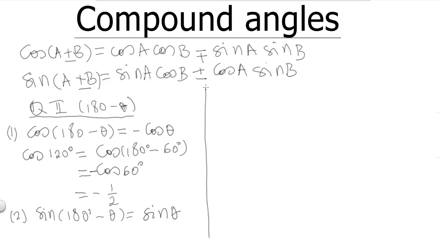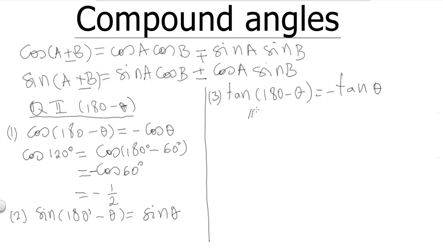So you keep that. All right, let me continue here. Now, number 3, when you have tan of 180 minus theta, that will give you minus tan theta. Why? Because in the second quadrant, only sine is positive.